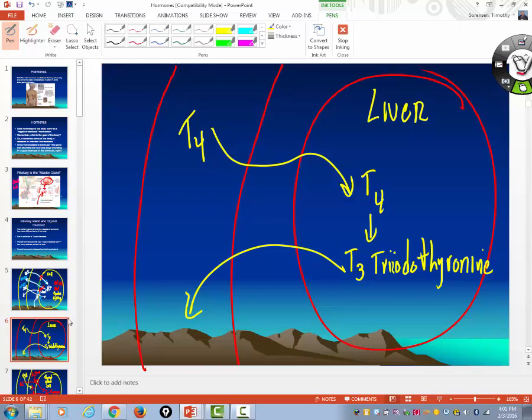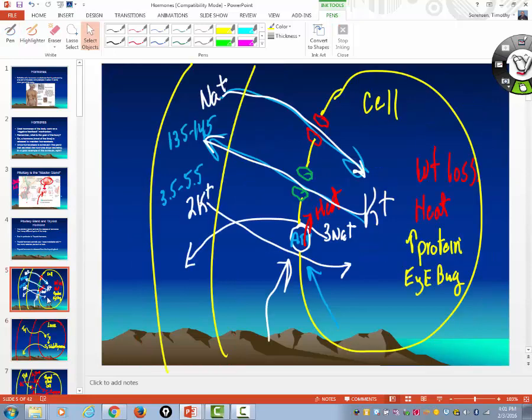And again, what are its functions? Its functions are to increase your basal metabolic rate. And one of the ways it does that is by making cells more leaky to sodium and potassium, and therefore making the sodium-potassium pump have to work harder. So anytime you use ATP and you break off that third phosphate, you are going to produce heat.